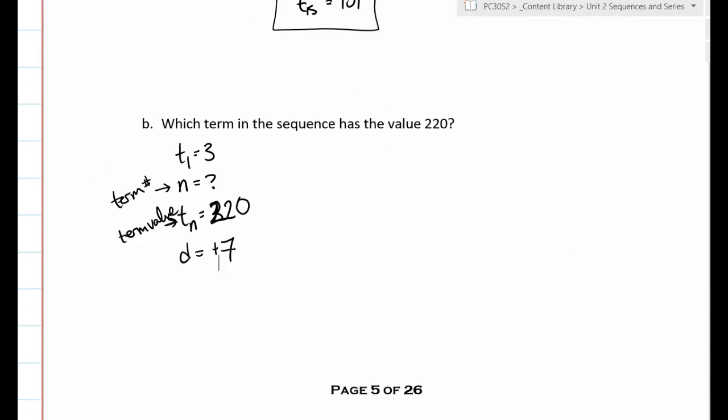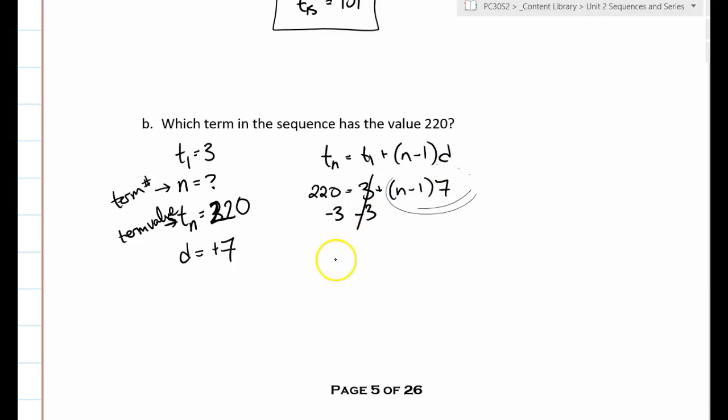So you can tackle this a couple different ways. Using the equation, we're still going to just plug and chug. So tn equals t1 plus n minus 1 times d. And we're going to fill things in and isolate n. So we get 220 equals 3 plus n minus 1 times 7. From here, we're going to subtract 3 from both sides in order to isolate the term that has my variable in it.